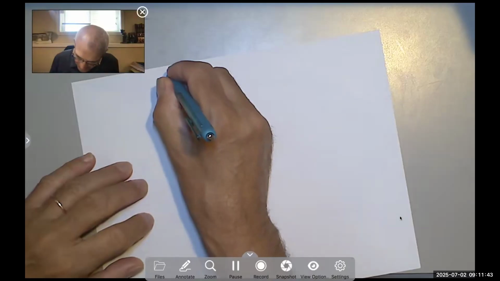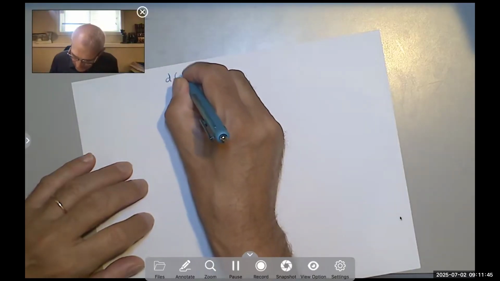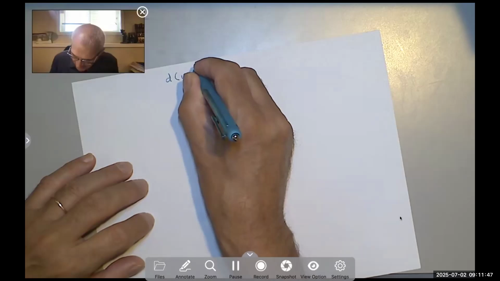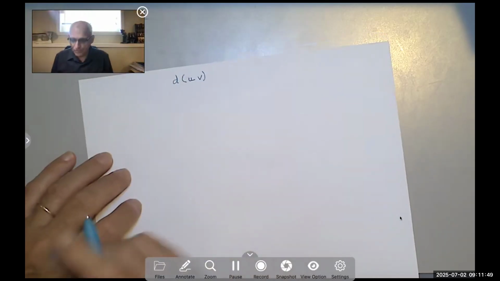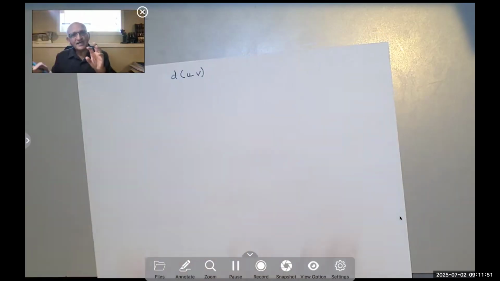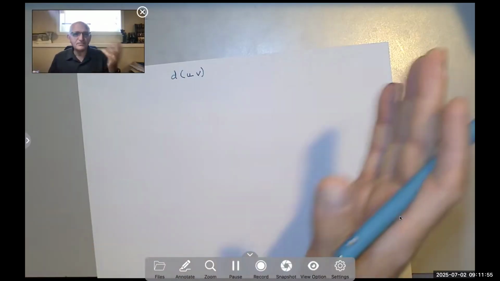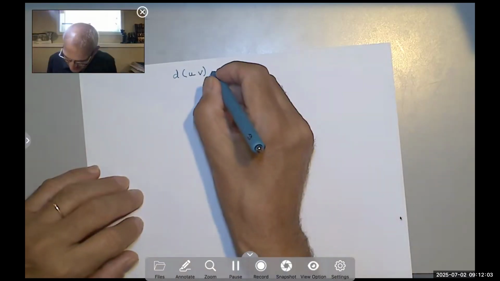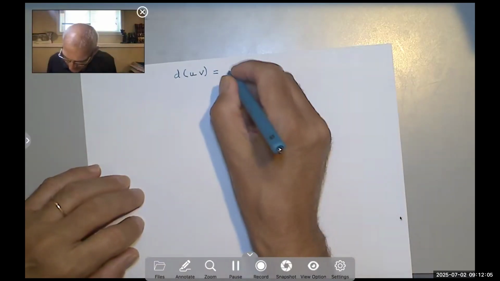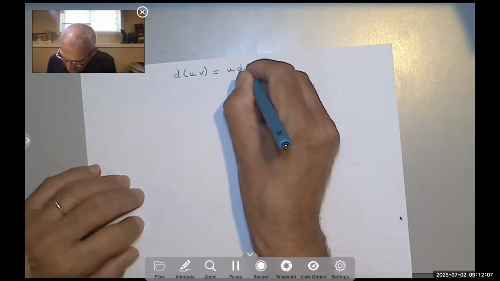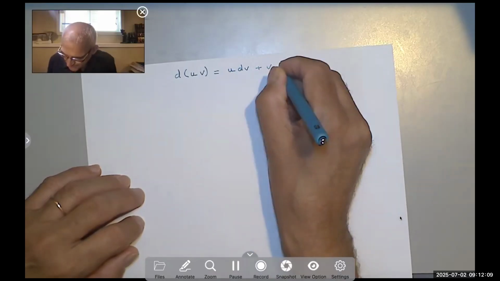You know that in differentiation, when I differentiate a product of two functions that are functions of x, we say the derivative of u times v. You remember that some people tell you the first times the derivative of the second plus the second times the derivative of the first. And some people say the derivative of the first times the second plus the, it doesn't really matter. So it's really u dv plus v du.